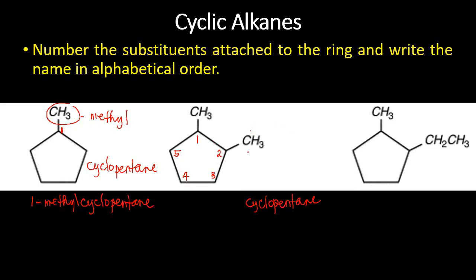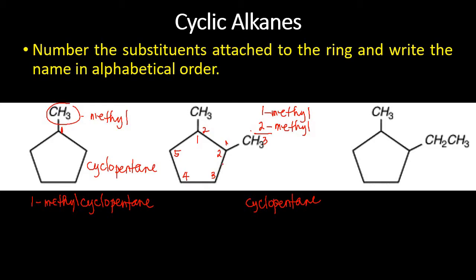For example, we say that this one is 1 methyl and then 2 methyl. If we try to add the numbers of our substituents, we can have 3. Okay? If we start from this one, 1, and then 2, the same then. 1 plus 2 is 3. So, dapat lowest number.